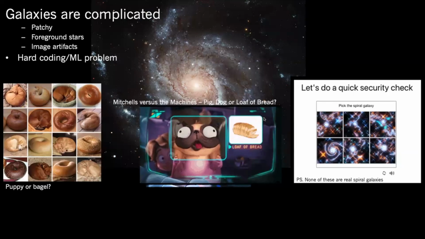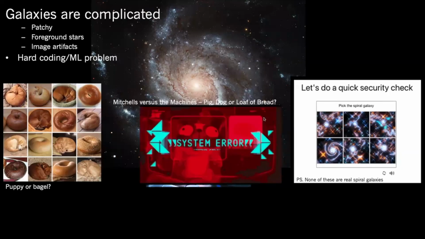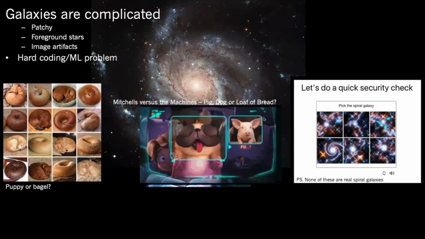Galaxies are complicated for machines. They're patchy, they have foreground stars, they have image artifacts, they have all kinds of things going on that humans are quite good at filtering out, but machines can end up focusing on these.